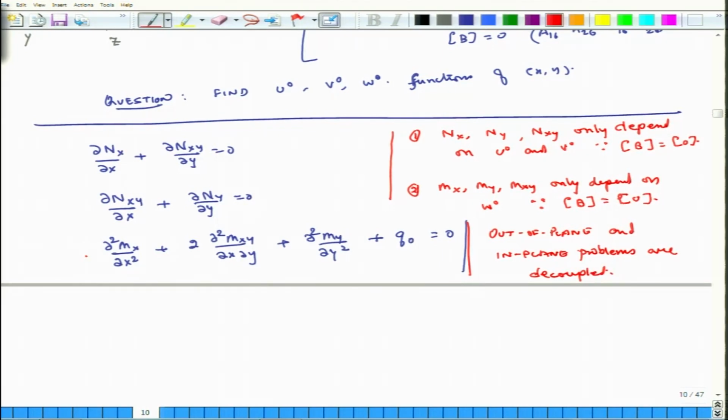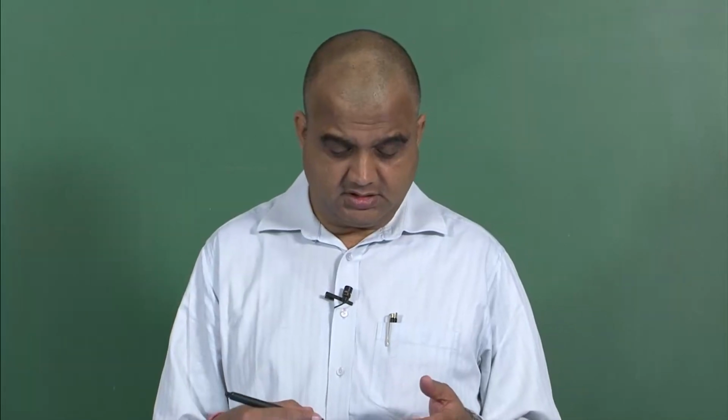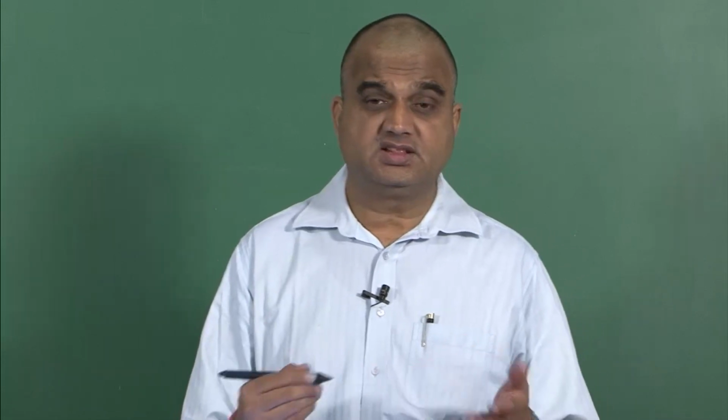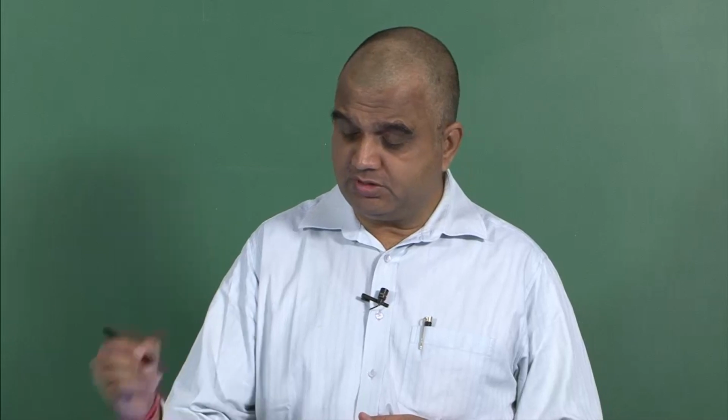The solution for W naught is not related to the solution for U naught and V naught and vice versa. U naught and V naught are interlinked, but the solution for W naught does not influence them, and they do not influence W, because the B matrix is 0.